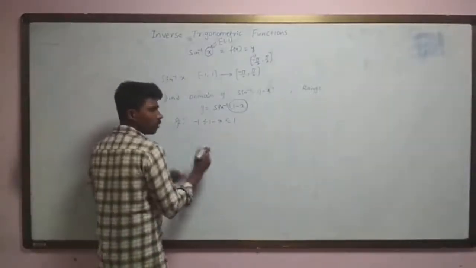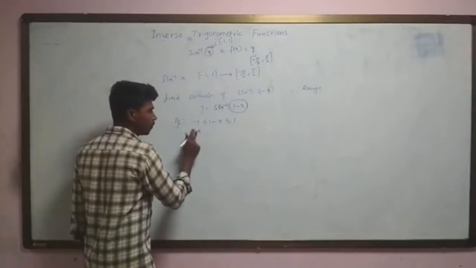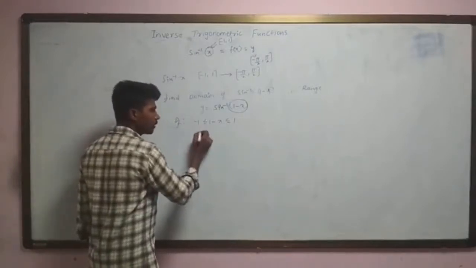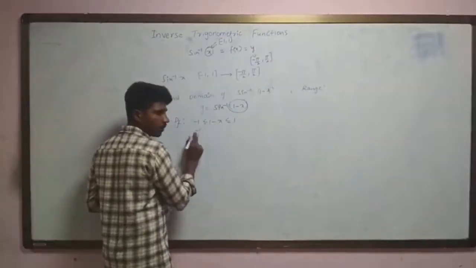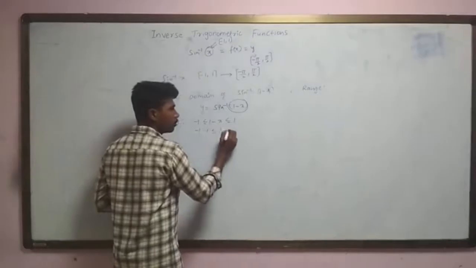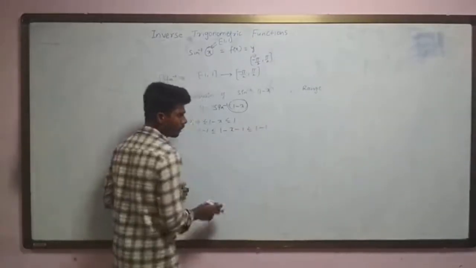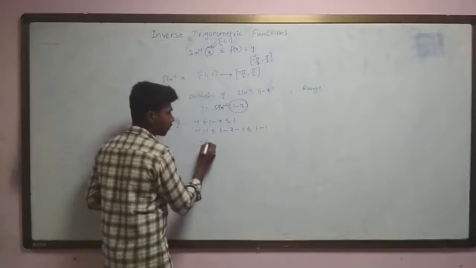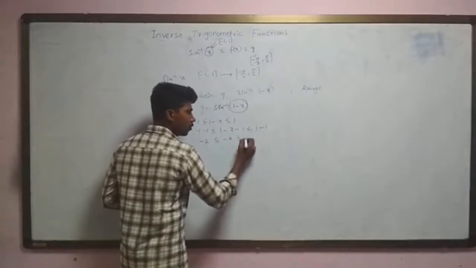Now I have to add minus 1 on all the sides. Minus 1 less than or equal to 1 minus x less than or equal to 1, so minus 1 minus 1 less than or equal to minus x less than or equal to 1 minus 1. What do we get? Minus 2 less than or equal to minus x less than or equal to 0.